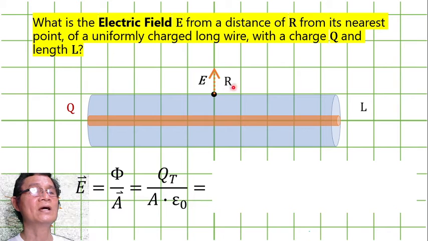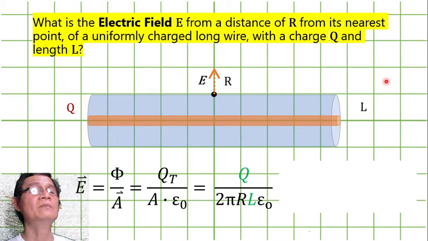Kung sphere yan, hindi masasama yung ibang part ng wire. So, it has to be the cylinder. Now, this part of the cylinder is not considered because the electric field coming from that is not perpendicular, so it has to be here. And you come up with the expression of 2 pi rL as the surface area of that cylinder.